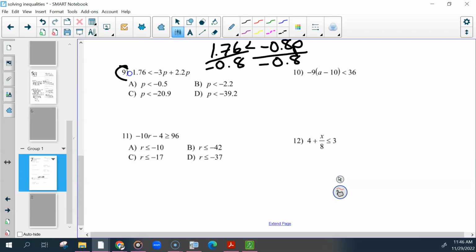Someone divide that, tell me what you get. Negative 2.2. So because this one's multiple choice, there's only one that has 2.2, so it has to be B. But ours doesn't look like the answer.